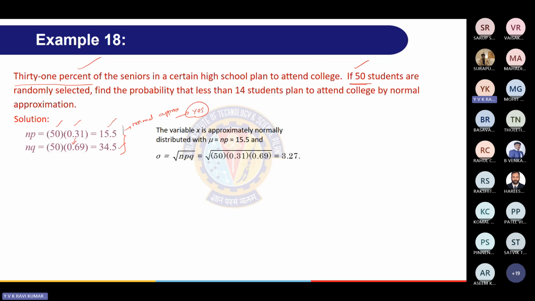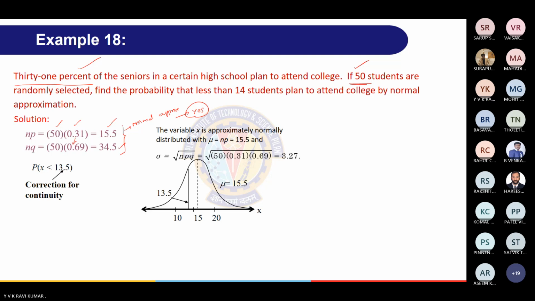Now once that is clear, it is very simple. What are they asking us to find? Less than 14. There is one more point we discuss here. Less than 14 means P of X less than 14, right?